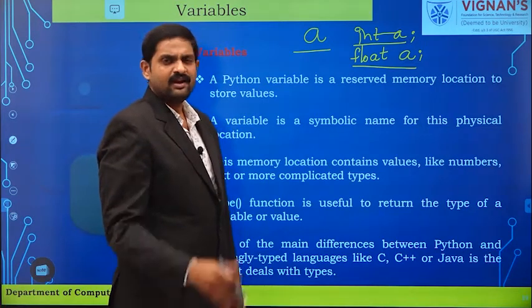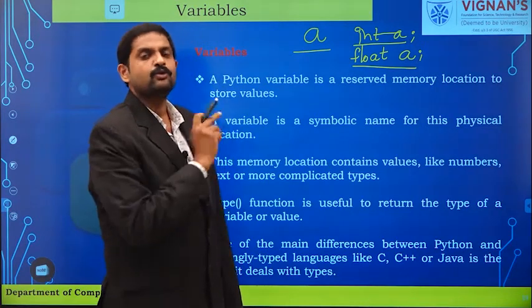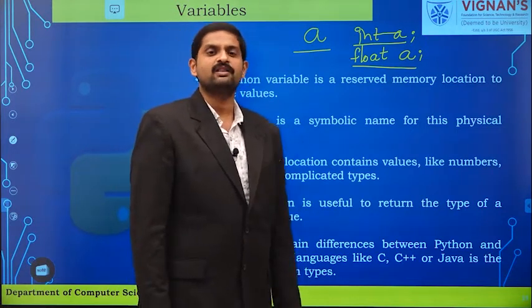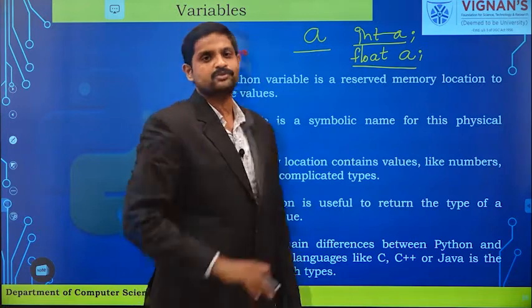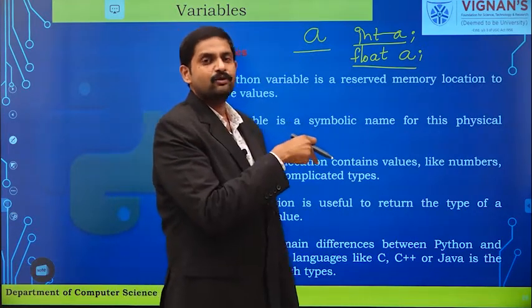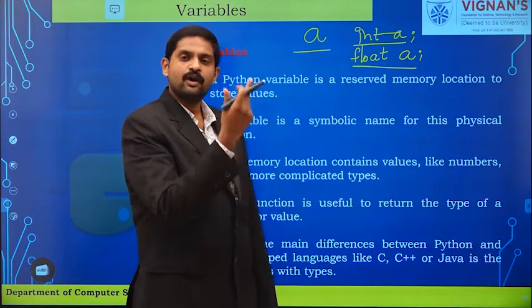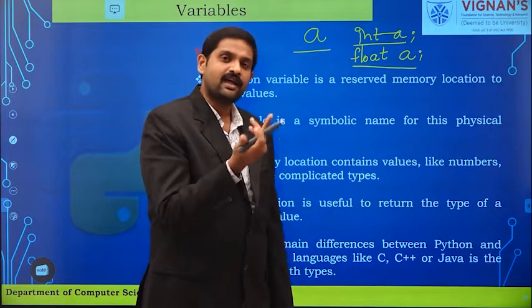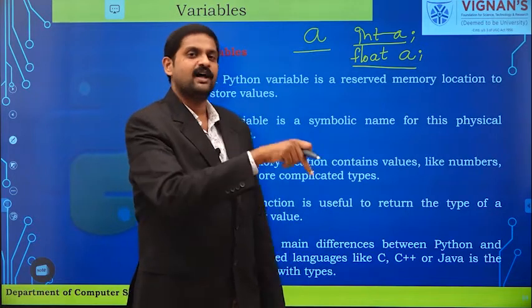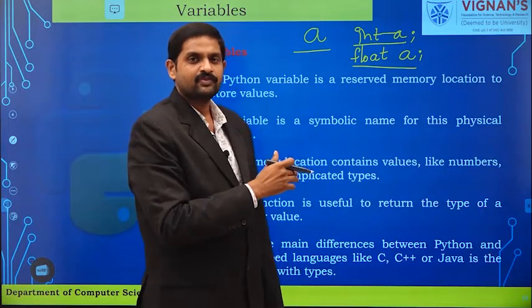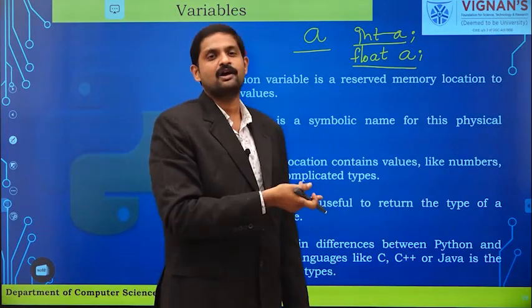And directly you can use the variables without declaring. Wherever you want a variable, you can take and use it. Suppose you assign an integer value to the variable, a holds the integer value for a while. Later, if you assign a float value to the variable a, it works for the float also.